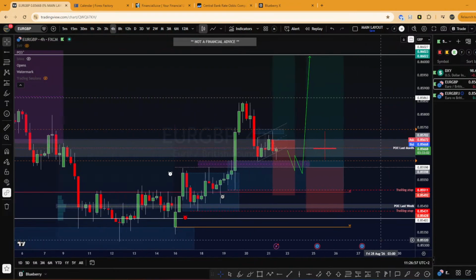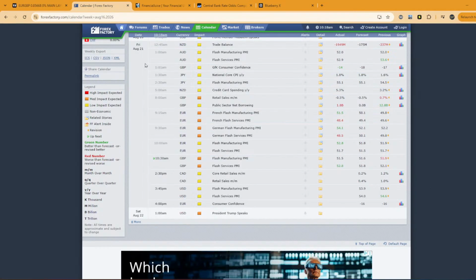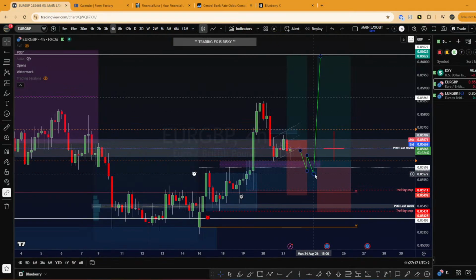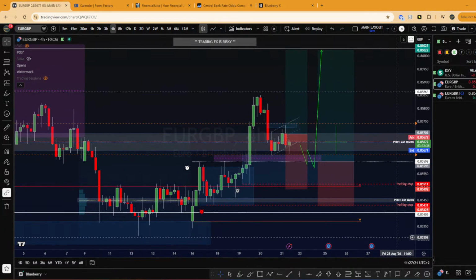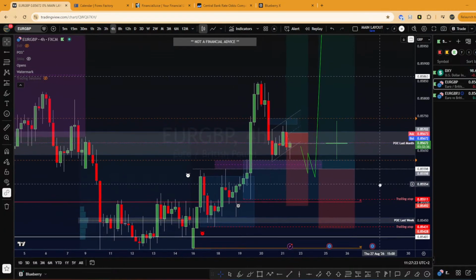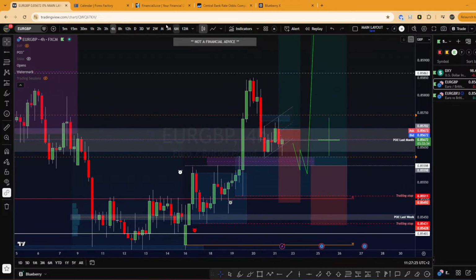Because maybe we will get some volatility around New York session. If I got something, I will manage this trade from my phone. So reversal on Canadian, PMI in US. Seems like we are not going to have too much impact. So that's why we leave it on my swing.